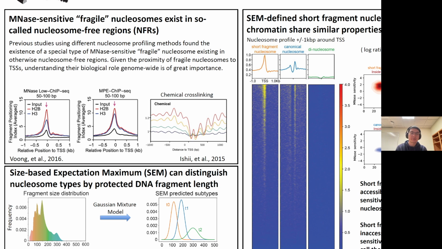The fragile nucleosome usually exhibits two important features. The first is that fragile nucleosome usually protects shorter DNA fragments under low MNase digestion. Secondly, fragile nucleosome can resist high MNase digestion. Given the proximity of fragile nucleosomes to the transcription start site, it is very important for us to understand their biological role genome-wide.